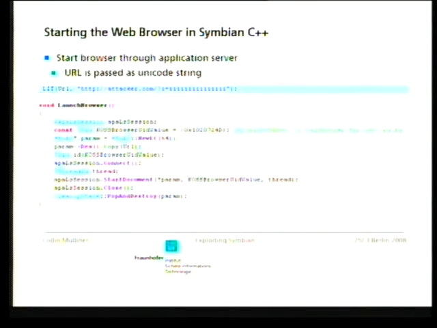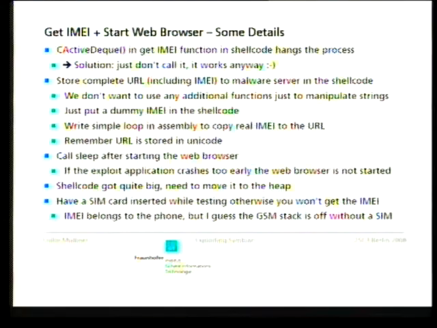You can just copy it to the memory location of your URL and overwrite the appropriate characters, and then you have a very, very small piece of code that actually launches the web browser, leaks your IMEI to the malicious backend, and grabs the malicious binary. So I will also skip that.